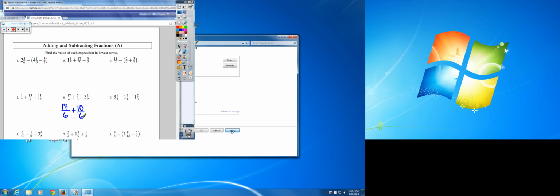So 10/6. This is 7/2. So how many times will 2 go into 6? 3 times 7 is 21. So, what's 17 plus 10? 27 minus 21, and 6 over 6 is 1, so everybody should have got 1 on that.